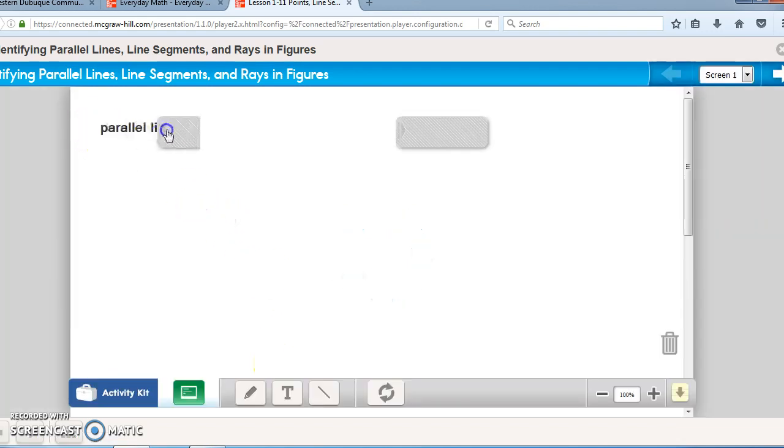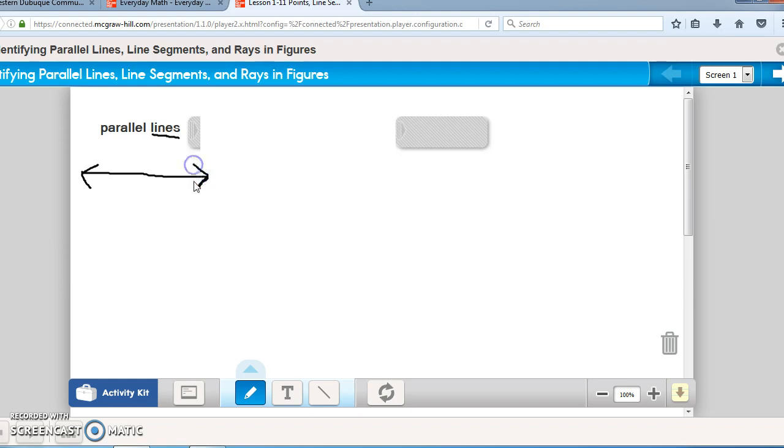So let's take a look. Parallel lines. It's going to be a little difficult for me to draw parallel lines, but I want to make sure that you first understand that lines are different than line segments. Lines go on, and they have arrows on the ends.